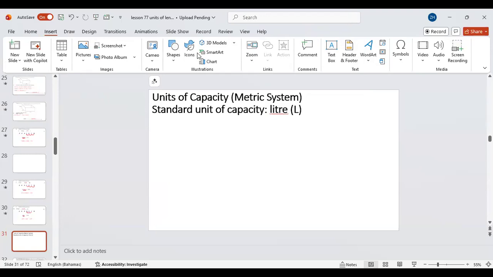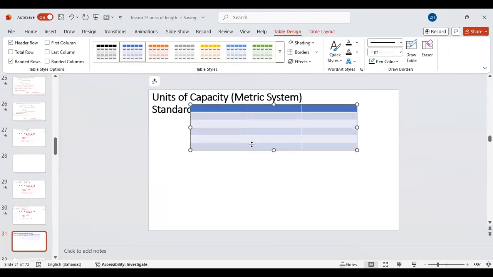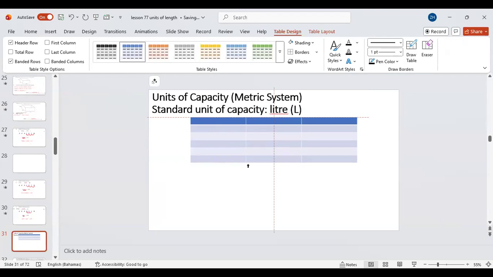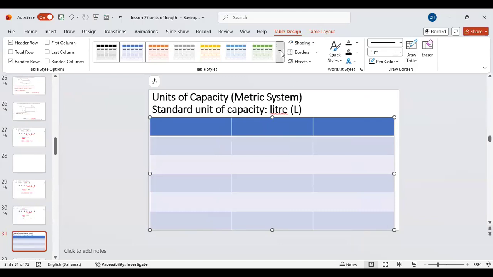If you look carefully, even in sodas and stuff, you'd see liters or ounces. So that's capacity, units of capacity. How much liquid is inside of this particular container, right?